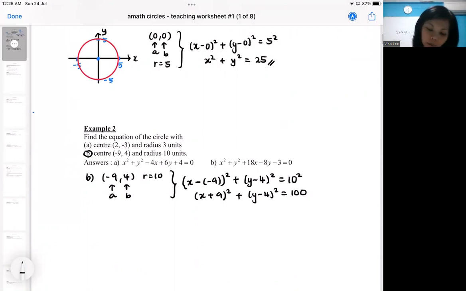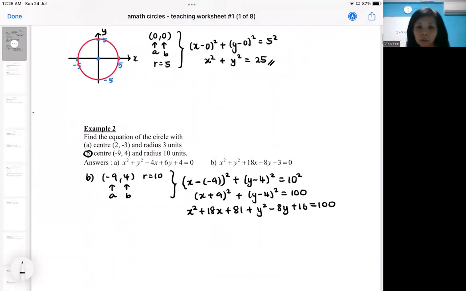Usually, you might need to expand it out. So you use your quadratic expansion, make sure you expand correctly. That's your Sec 2 expansion. Then we try to bring everything over.